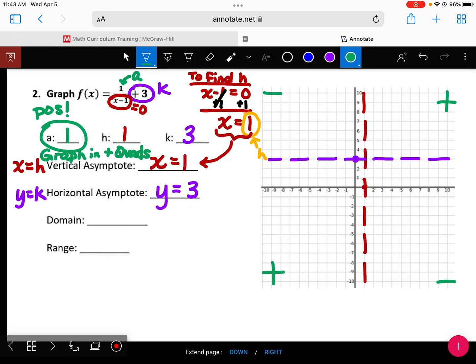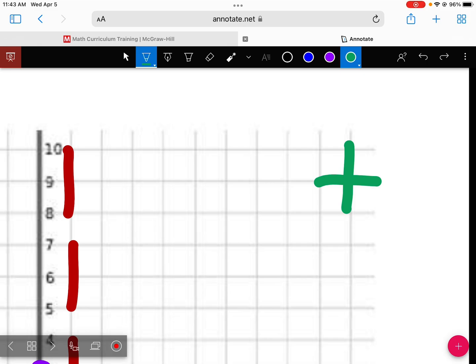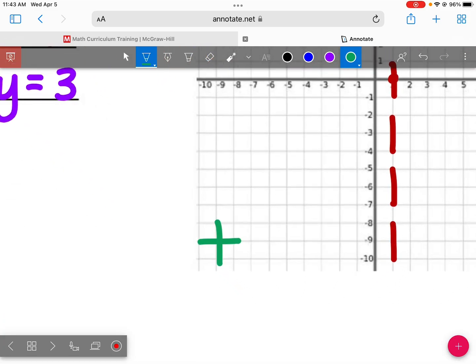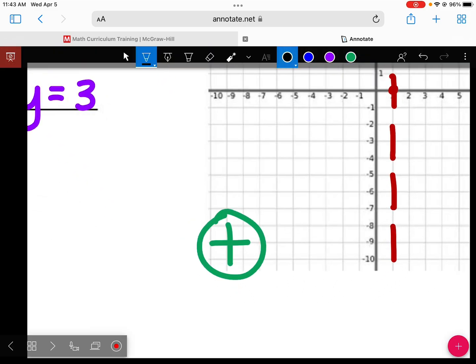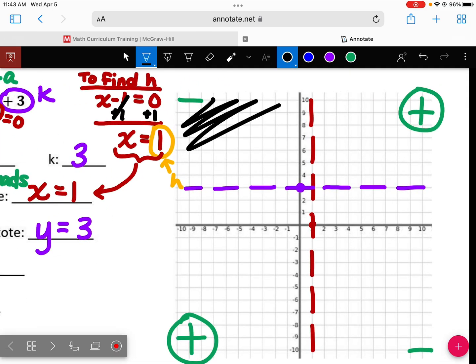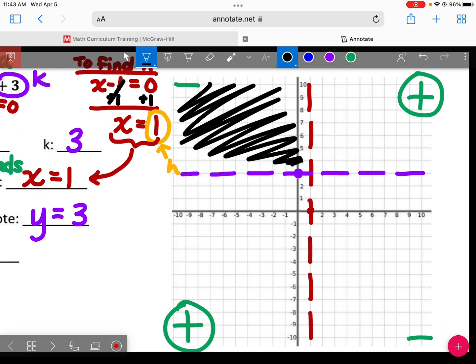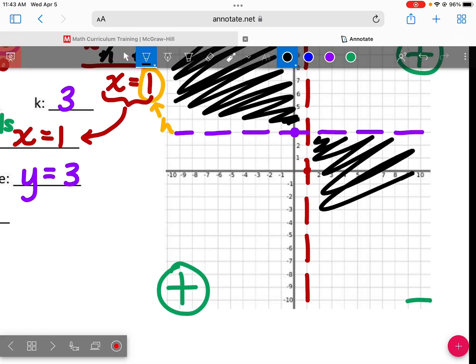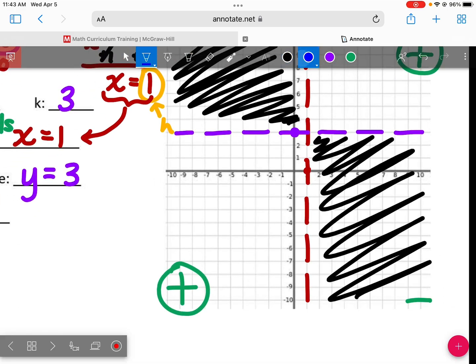So I'm going to circle the 2 positives. And then the more important part, what do I do with those 2 negatives? Cross them out, scribble them out. No points are allowed to go in the scribbled out quadrants.